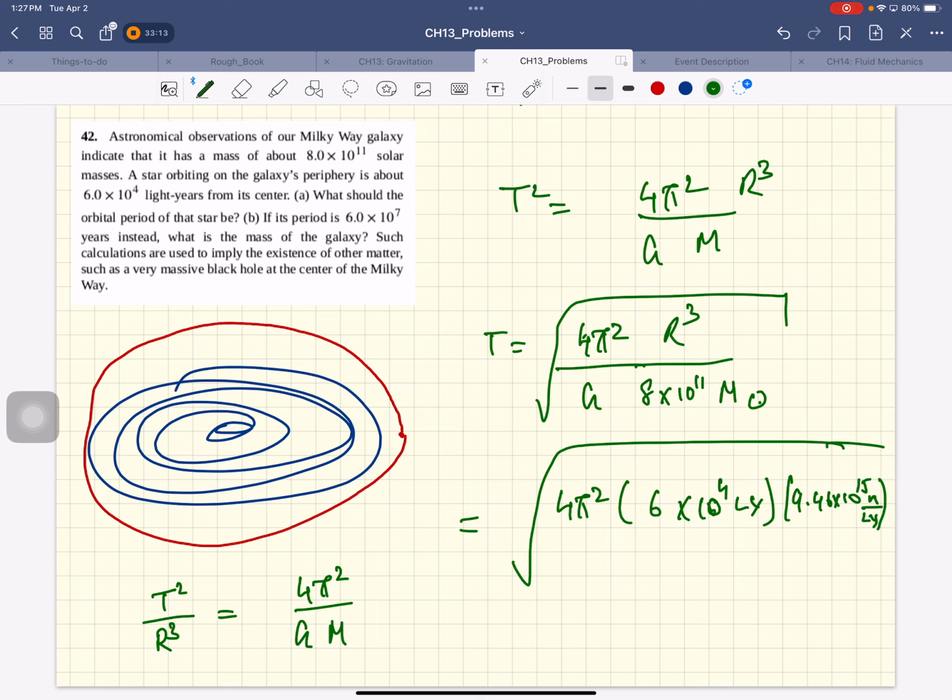So that's light years, and this is cubed. So you've got to cube this and that. And then G times 800 billion, and the mass of the sun is 10 to the 30 kg.